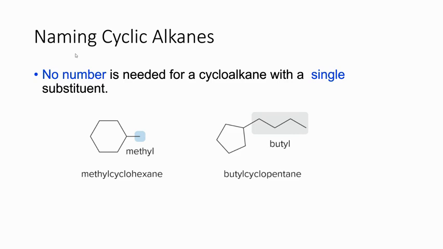We don't use butyl, I don't think, in our class, but it's not there. Okay. So this would be 1-butyl cyclohexane. Make sure that you put cyclo in front of the ring structure. So you don't have to put a number, but you can.